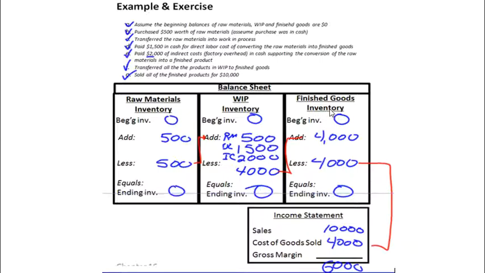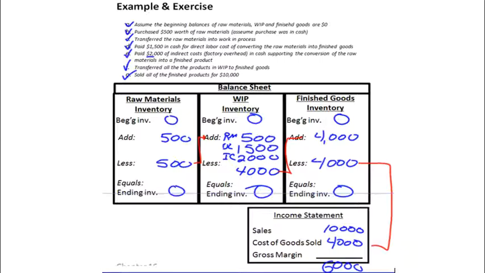And you can see when I transfer raw materials, the inventory flow in terms of dollar value flows along with the physical flow of the inventory. So I start out with raw materials and they get transferred into work in process. And then I add my direct labor and my indirect costs that are associated with making that product.